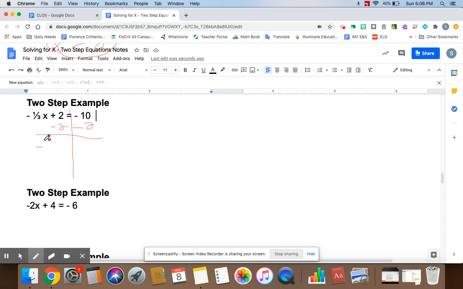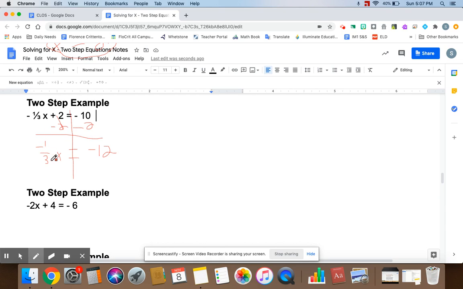So I still have the negative 1/3 x, but plus 2 minus 2 eliminates, becomes 0. Negative 10 minus 2 is negative 12. What's my next step?